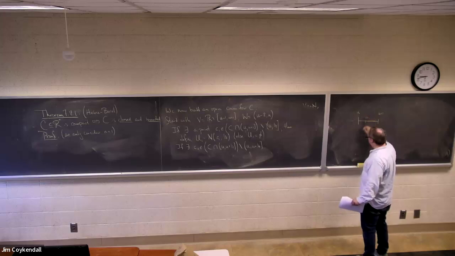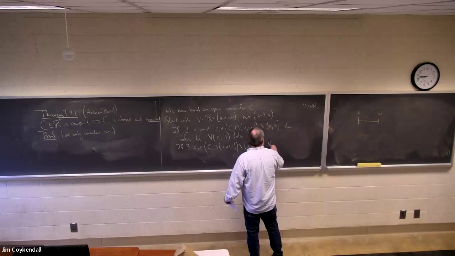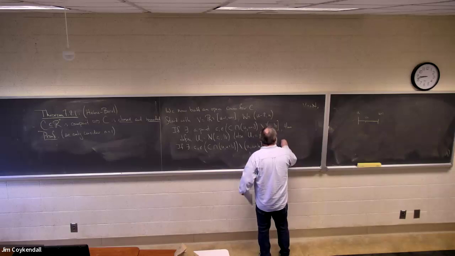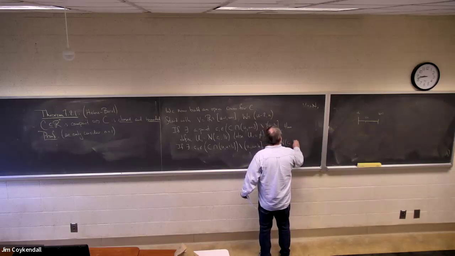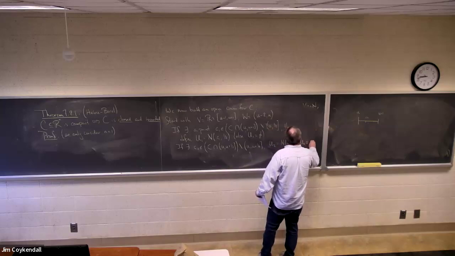If there's a C2 here, then I will let U2 equal the neighborhood of 1/4 around C2, and U2 empty otherwise.